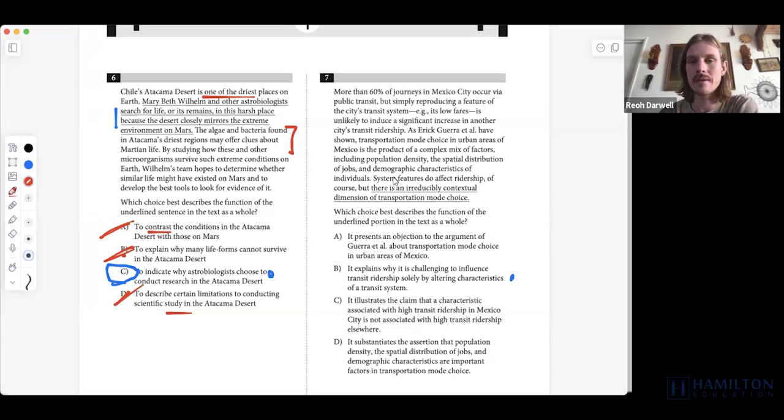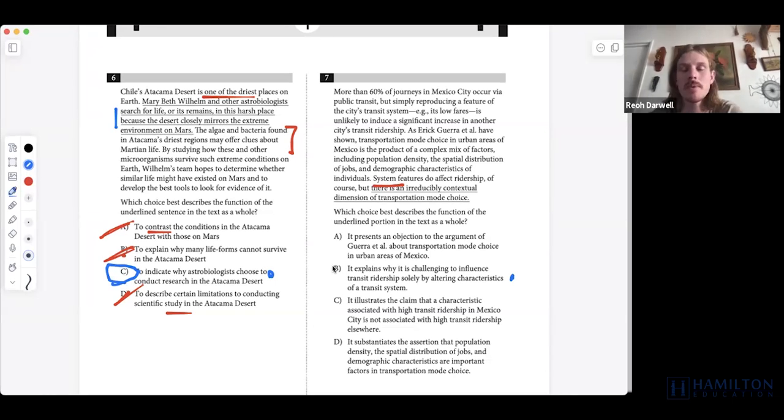Therefore, while what you do in the system does impact rides, how much people ride it, part of the other issue is things outside of their control. Okay. So an objection would be to say that actually just making it cheap or reproducing the features of their system will make it used elsewhere, right?